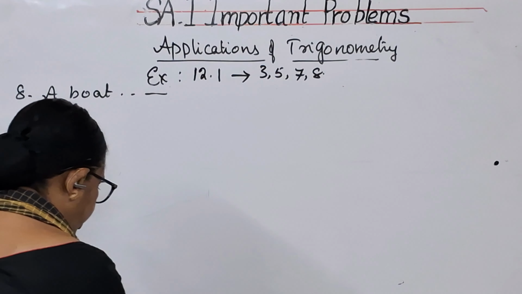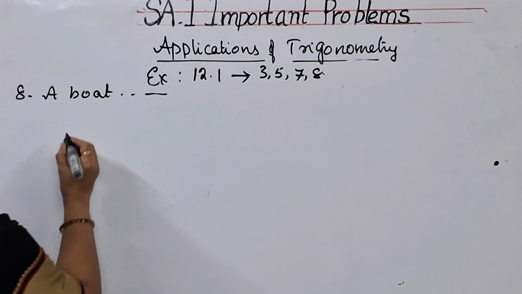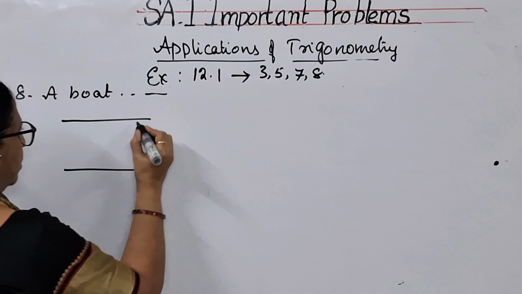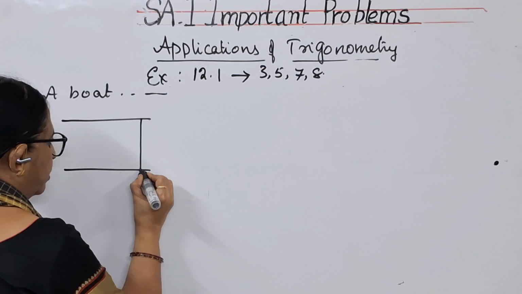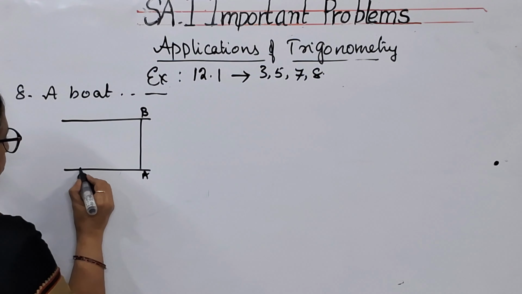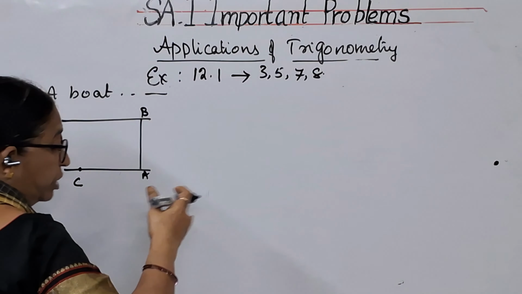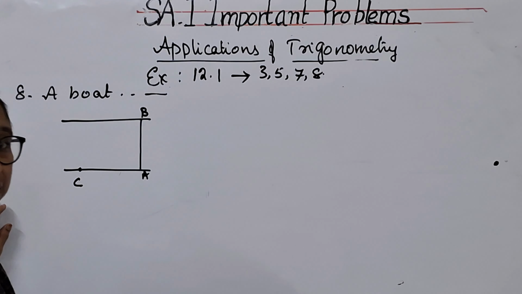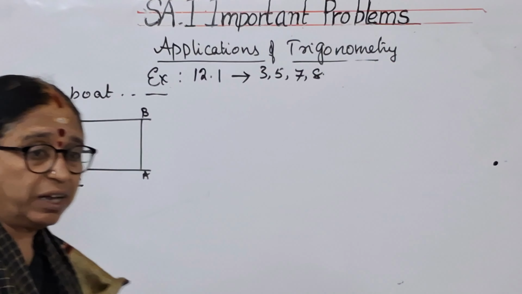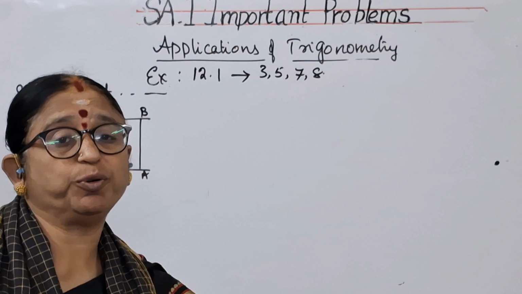So, children, river means, let us consider these are the two banks of the river. So, let me write AB is the width of the river. Boat is here. Because of the flow of the water in the river, the boat has to take an angle and it should move.